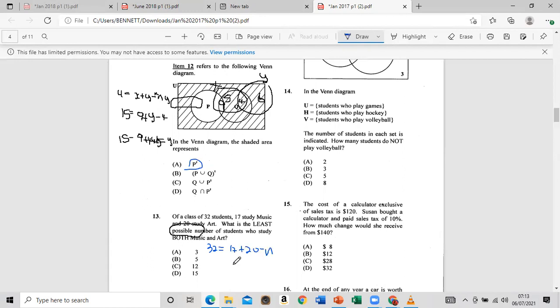So this will give us 37, and then when we carry it over this becomes minus, so the answer is negative 5. But when we take the negative of 4 divided by negative 1, the negatives cancel, so this is 5.